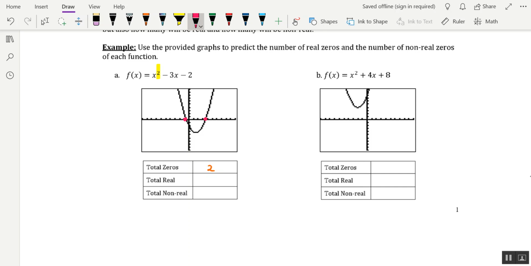So because there are two x-intercepts on this polynomial function's graph, there are going to be two real zeros. So that would force there to be no non-real zeros. And the reason why we know that is because the total number of zeros that this polynomial function should have is 2. So if there are already two real zeros, there can't be any more zeros whatsoever.